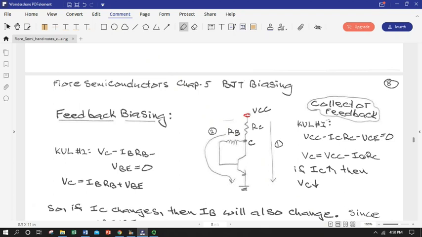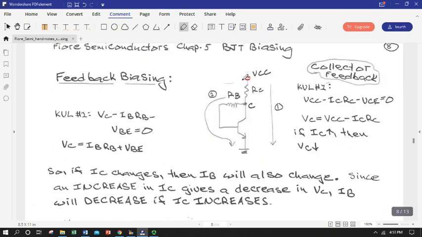So if collector current goes up, the voltage at point C goes down. They're inversely related. So let's go over to KVL loop number 2, where we're going to look at voltage drops along this path.